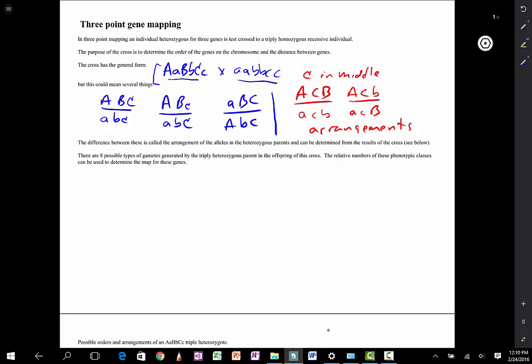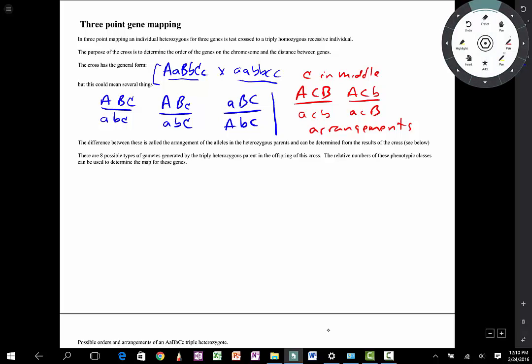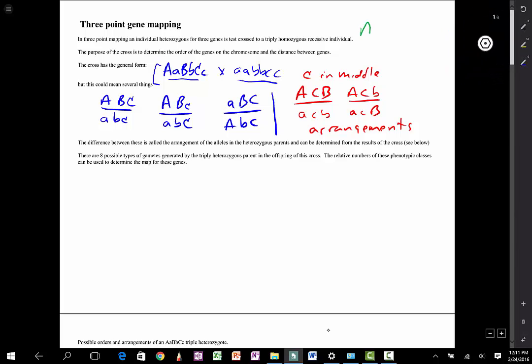But we can also have, so we could have B in the middle, we could have C in the middle, but we could also just as easily have A in the middle. So we could have A in the middle, B on one side, C on the other. Or maybe, excuse me, we could have something like this.